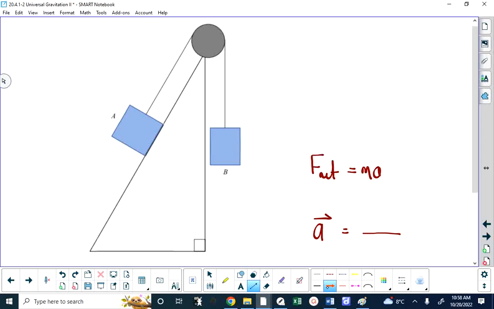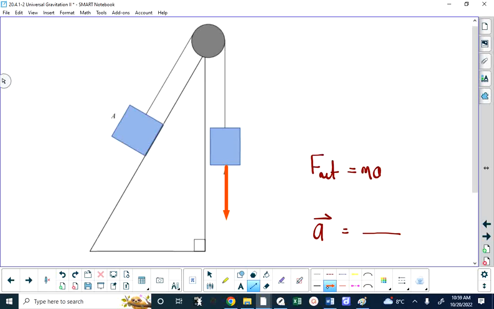Well, we have a force of gravity acting on B. No question about it. There are no other forces acting on B. There aren't. That's it. When we talk about A, there is a force of gravity acting on A. But I don't want to draw it.